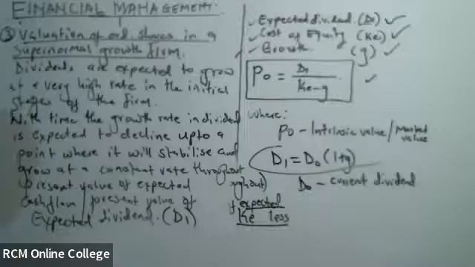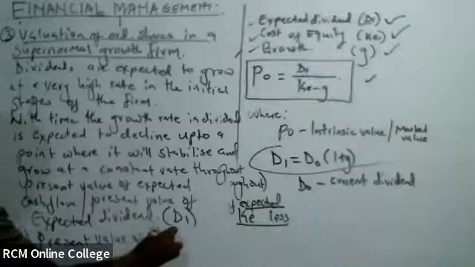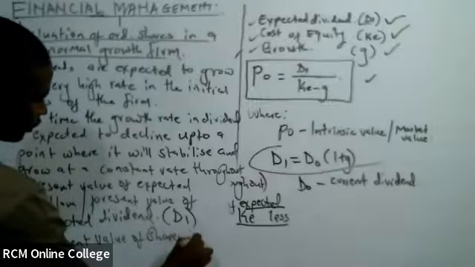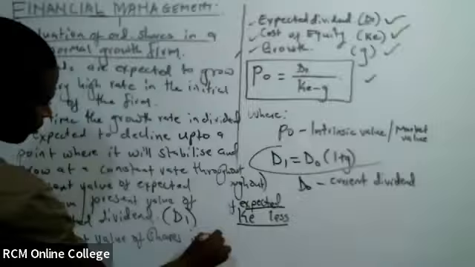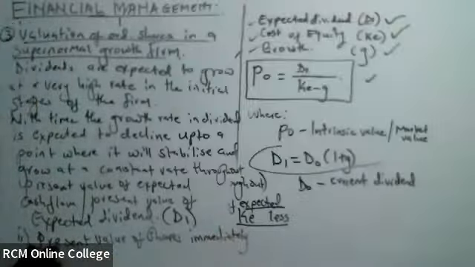That is one. Number two, present value of shares immediately after the stabilization point.